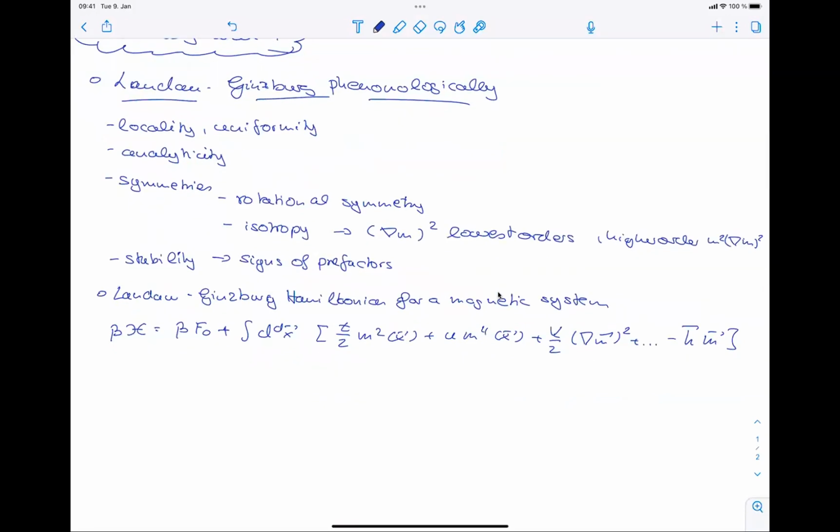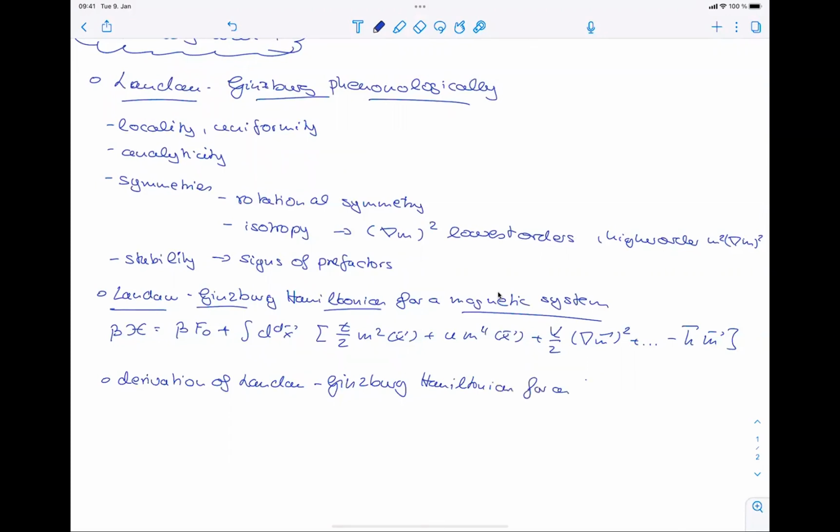This came up from the phenomenological rules of how to set up a Hamiltonian, but we also did the derivation of the Landau-Ginzburg Hamiltonian for an Ising model by really doing the coarse graining.